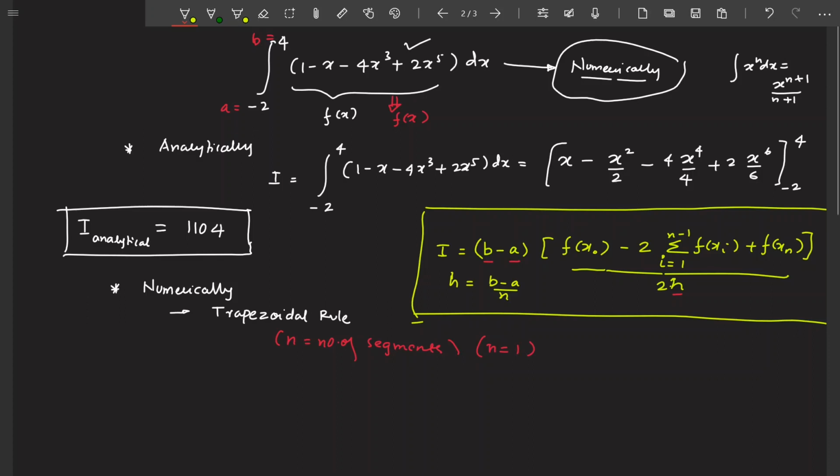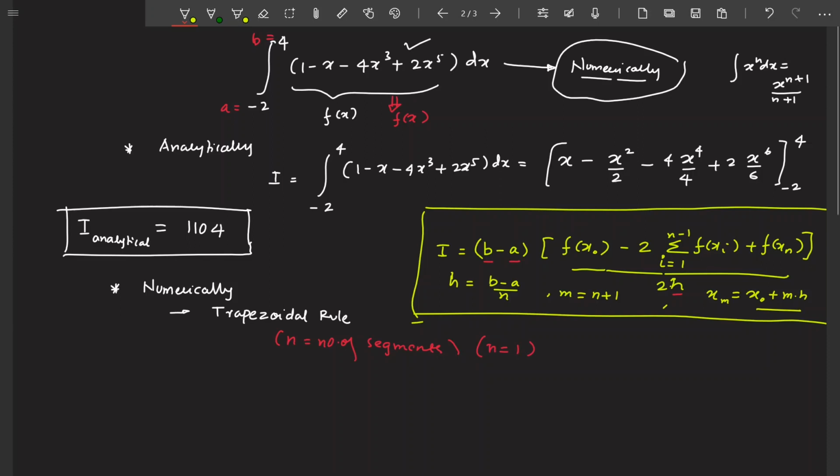And I have also discussed m, where m is the number of points, that is n plus 1. And also x_m is equal to x0 plus m times h. This is also one very important thing that you need to remember.